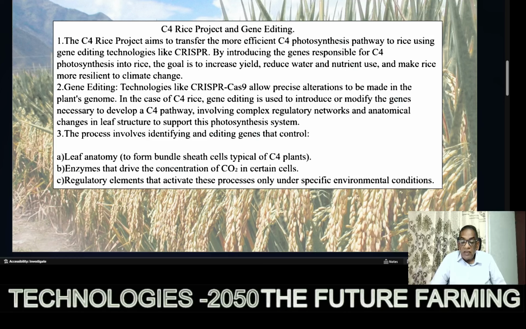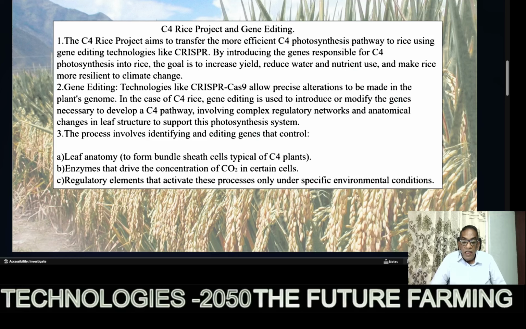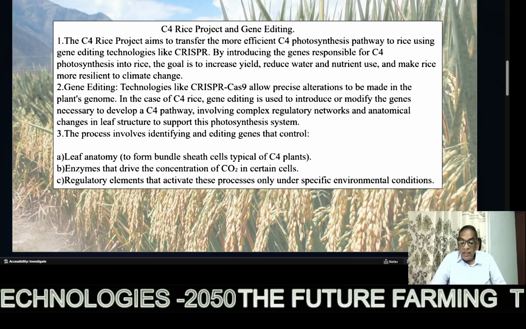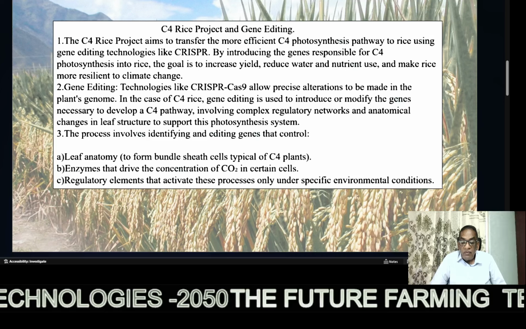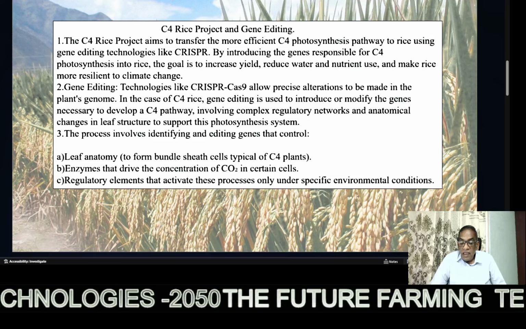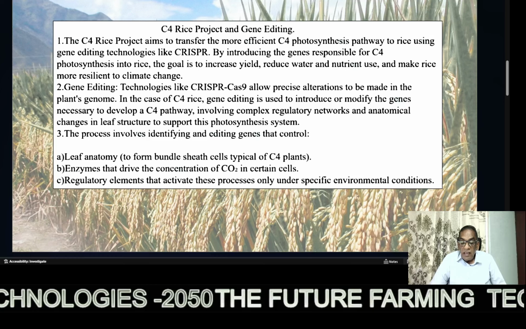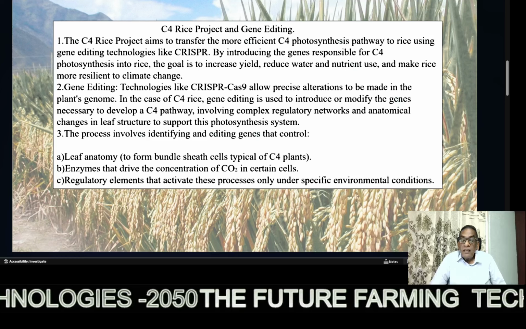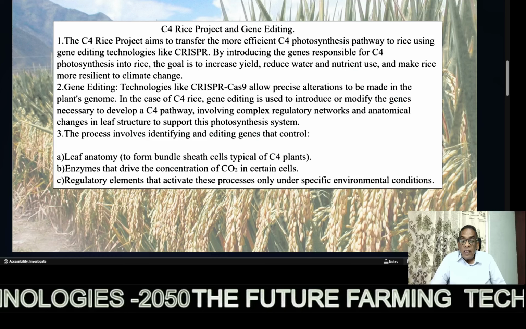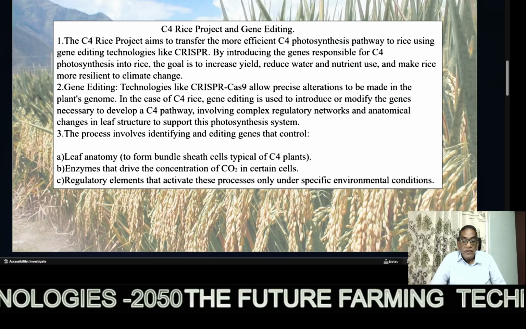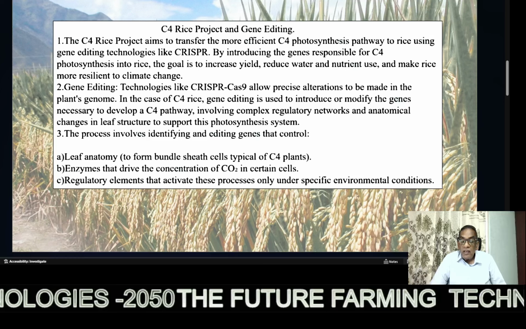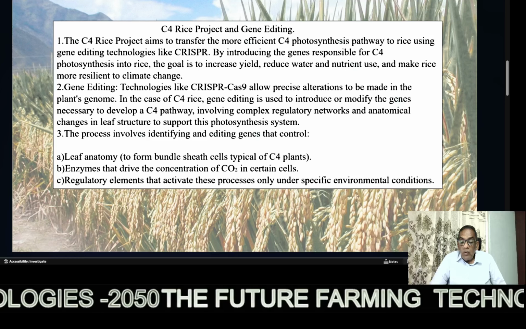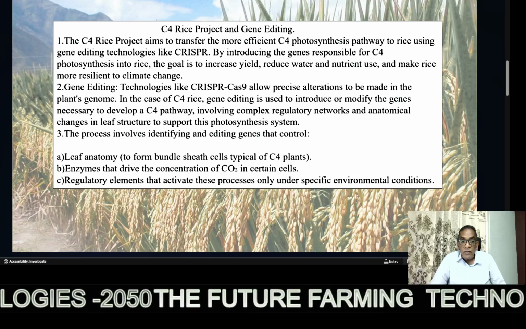The process involves identifying and editing genes that control leaf anatomy and enzymes that drive the concentration of CO2 in certain cells, and regulatory elements that activate these processes only under specific environmental conditions. This is what the C4 rice project and gene editing means. We have now understood the process involved.